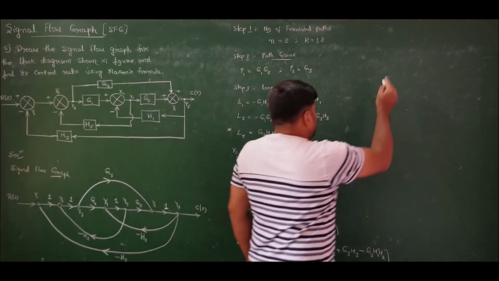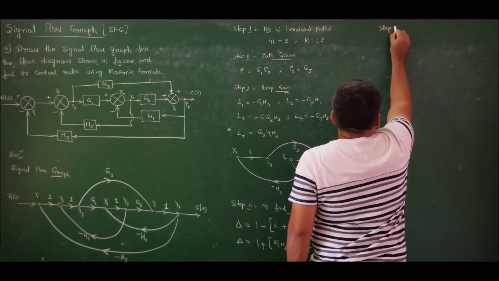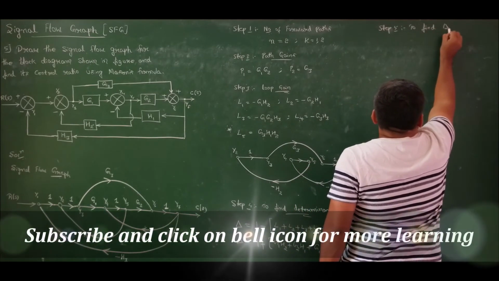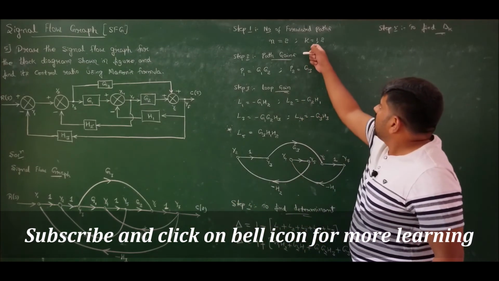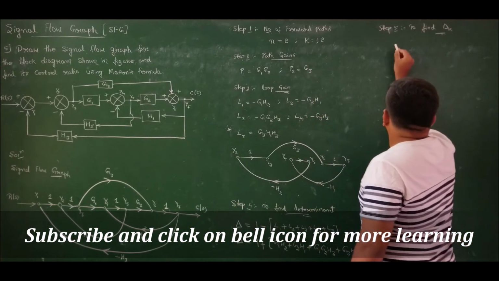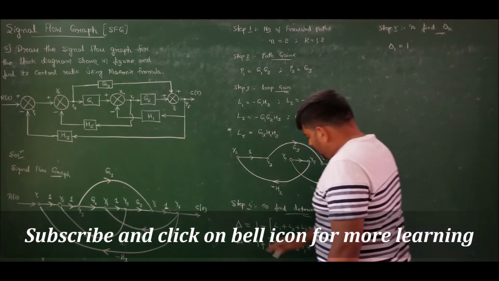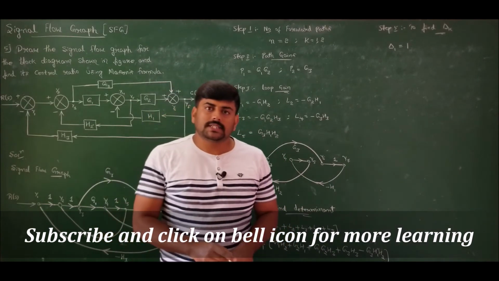Next, moving to step 5, to find the value of delta k. Here k varies as 1 and 2. Delta 1 is the value of delta after eliminating the loops which are touching path 1.